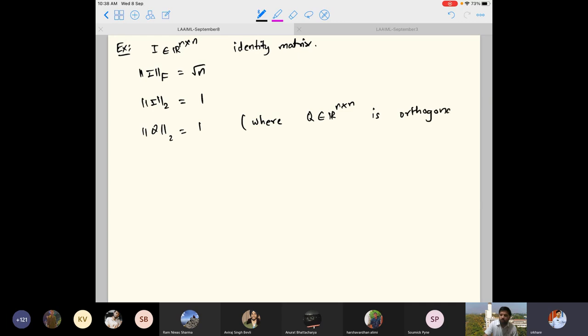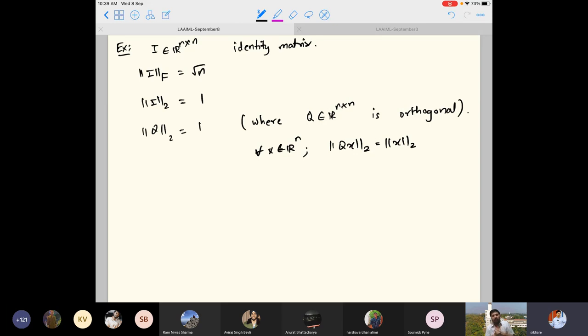So what is the property of orthogonal matrices? You remember, for every x in R n, 2 norm of Qx is 2 norm of x. We had shown that, right? We had proven that. Geometrically, orthogonal matrices are not changing the length of the vector they act on, right?